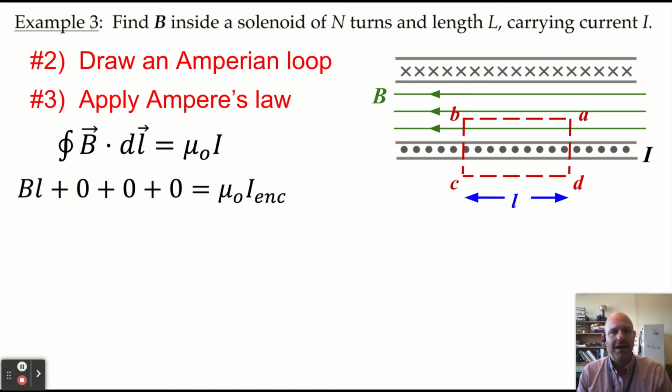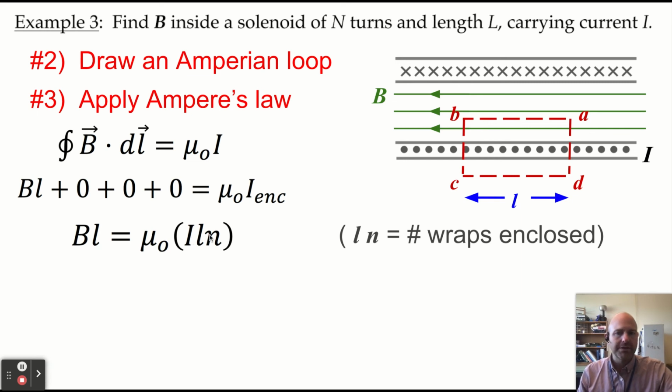So we get B times L, whatever length that is, calling it L, and the other 3 sides have 0 effect. So the current enclosed is going to be the current for the wire times how many loops of wire there are, right? Current times the length times the number per meter, which ends up just being the number that you've enclosed.